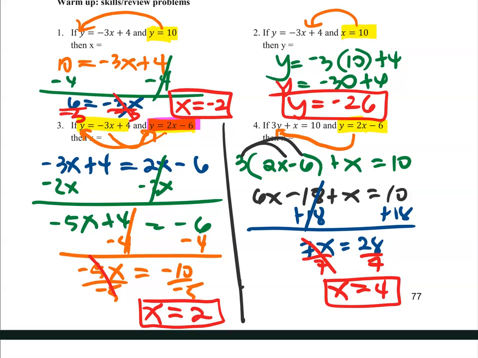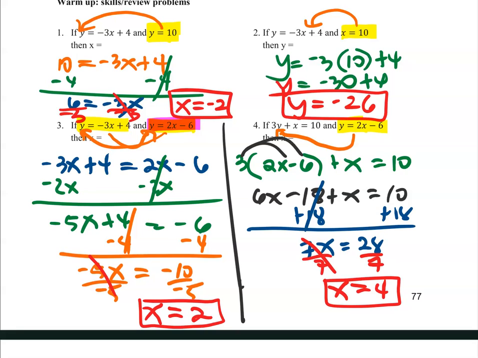If you notice about all these problems, number 1, number 2, number 3, number 4, I highlighted those. Like number 1, y equals 10. We substituted that into the y of this equation. Then number 2, x equals 10. We have a value of x. We substituted that into this equation.